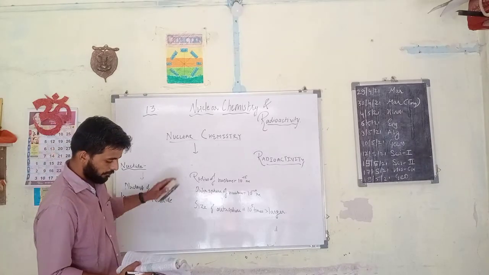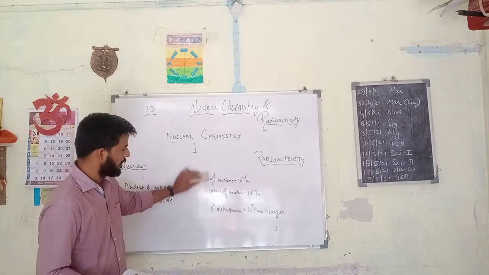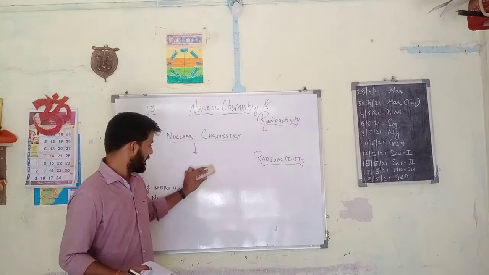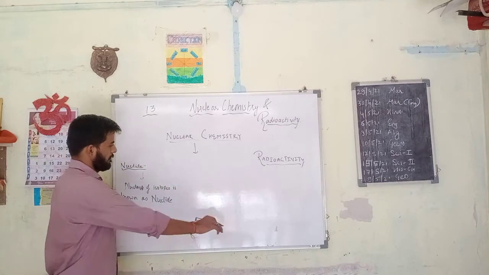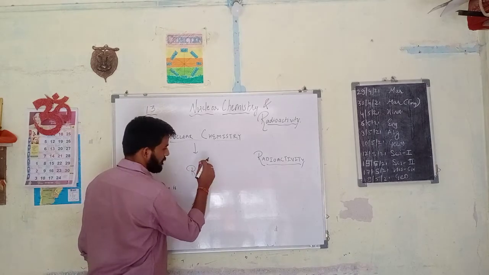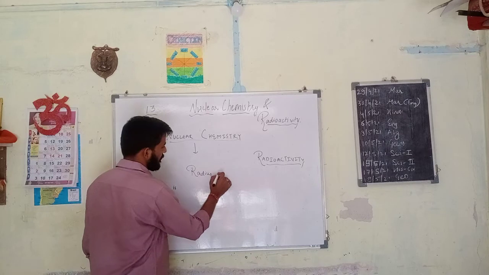Now the next point is the radius of the nucleus. The formula is there for the radius of the nucleus. As we earlier saw, it is 10 to minus 15, but let us see the formula.